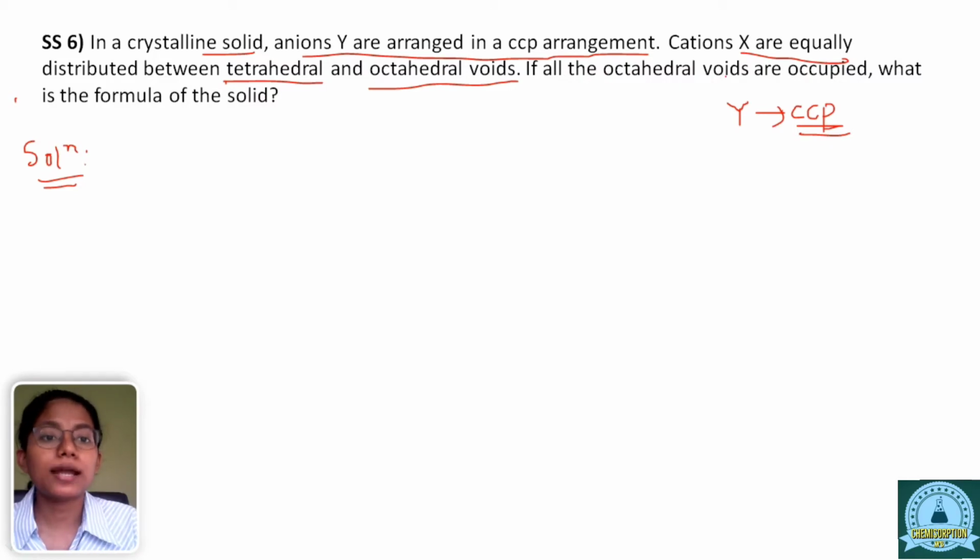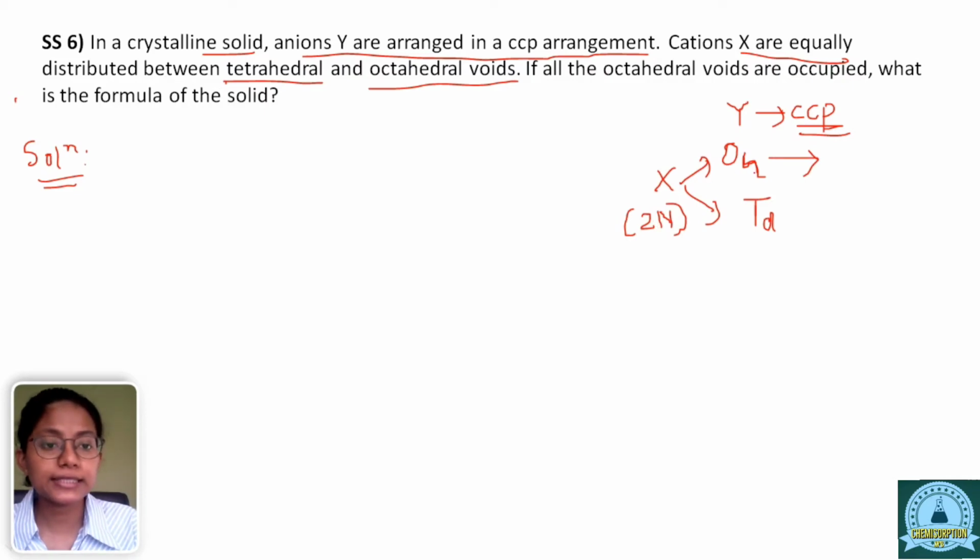If all the octahedral voids are occupied, what is the formula of the solid? So here it is saying that X occupies both octahedral and tetrahedral voids. And it is also saying that the X atoms are equally distributed. It means if 2n X atoms are present, then in octahedral voids we will have n X atoms, and in tetrahedral voids we will have n X atoms. And it is also saying that all the octahedral voids are occupied.